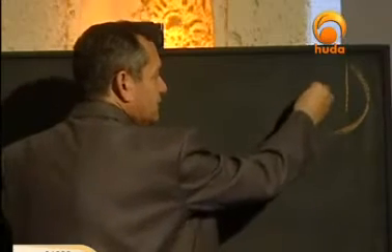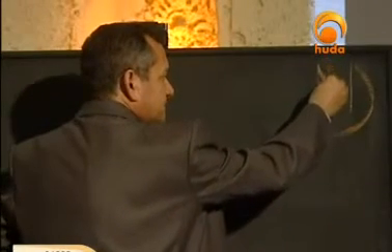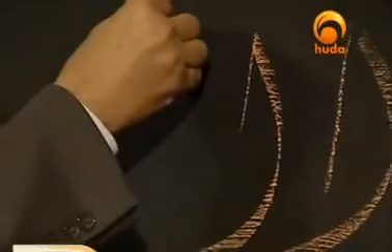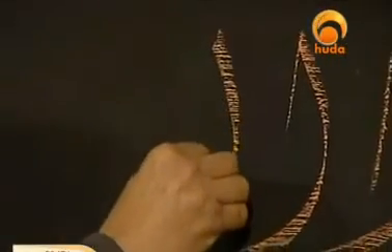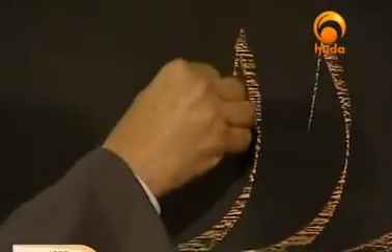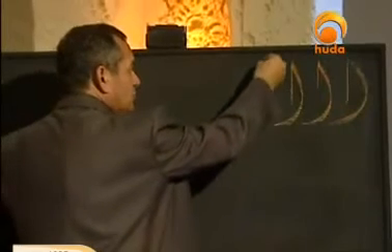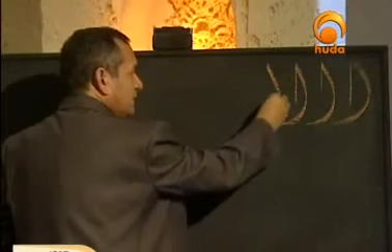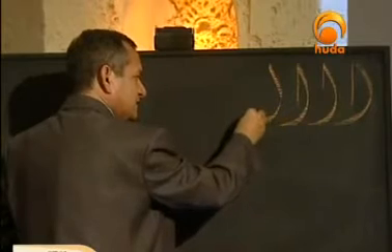Again we will start Alif like this. Some people can do it like this also, and then join this here. Alif also we can do like this: one curve, and the other curve comes like this.